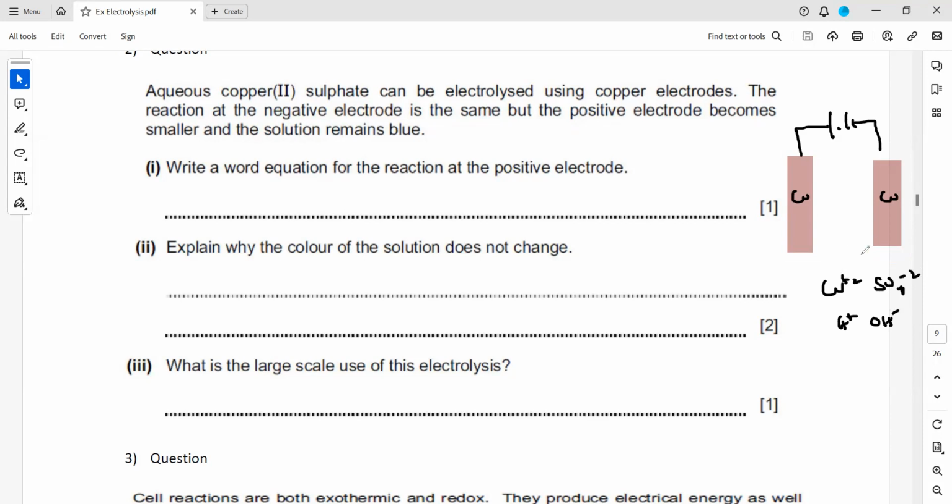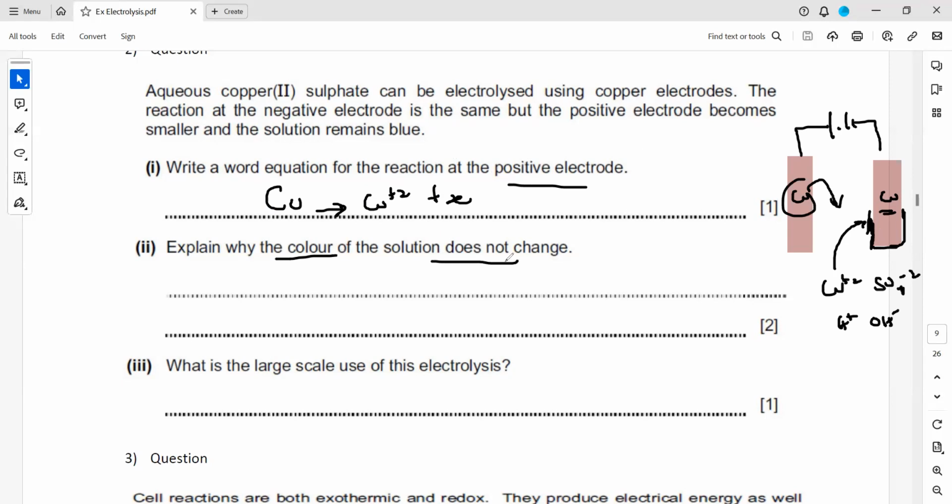Copper ions are less reactive, so they will move towards the cathode. As the amount of copper ion in the solution is changing, to balance that, the copper atom will go inside the solution as a copper ion. So write the equation for the positive electrode, because this is an electrolytic cell. What happened at the positive electrode or anode? The copper atom turned into copper ion by loss of 2 electrons.